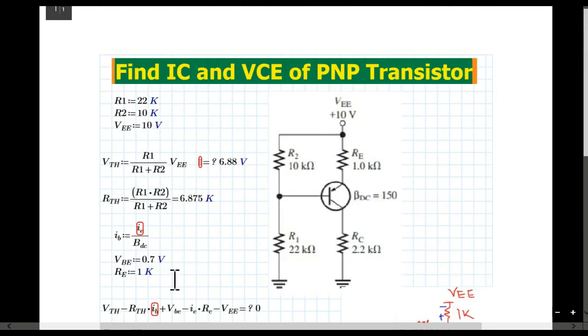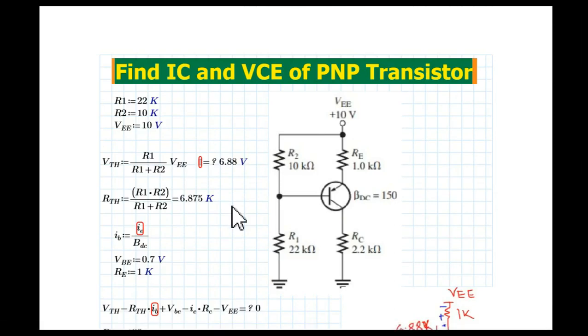Guys, I hope that after watching this video, you will be able to solve this kind of problem if you are asked in any university exam or in your examination. If you are asked to evaluate this kind of circuit problem and find the value of IC and VCE of a PNP transistor, not NPN.